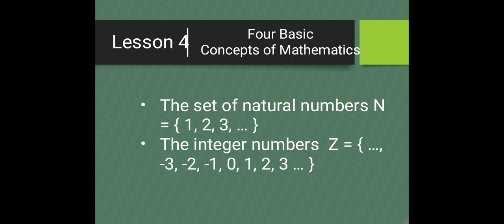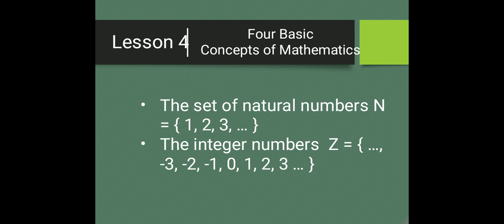So, member ng set na Z or ng integer numbers, itong negative numbers like negative 3, negative 2, negative 1, 0, 1, 2, 3 until infinity. At dito kailangan magdagdag din tayo ng tatlong tuldok before ng negative 3 kasi infinity pa rin yan. Yung numbers dyan, negative numbers. So, ganyan yung pagkakasulat sa set.